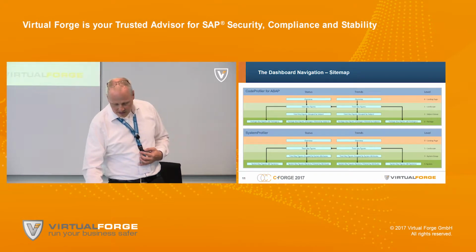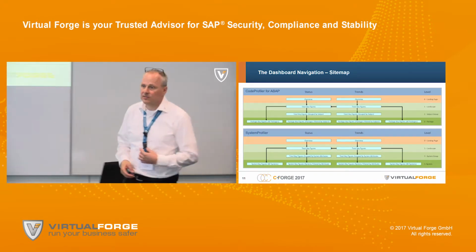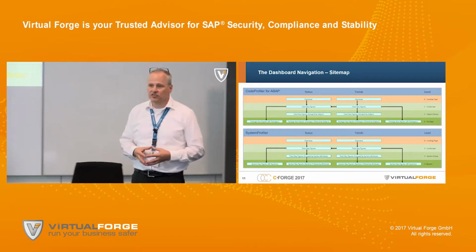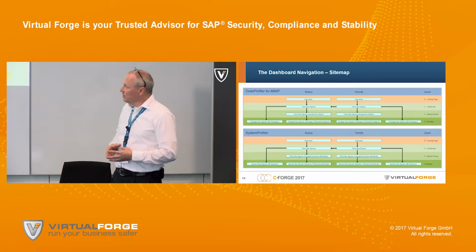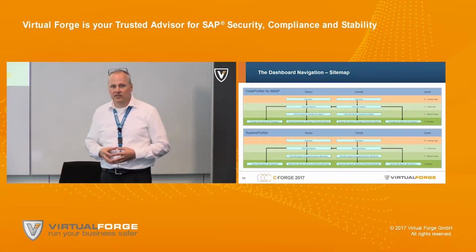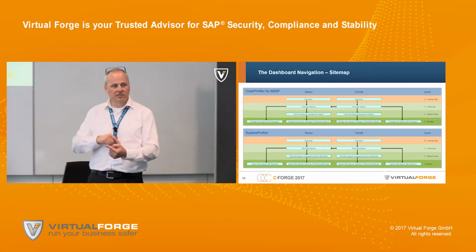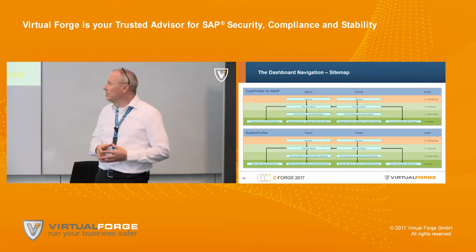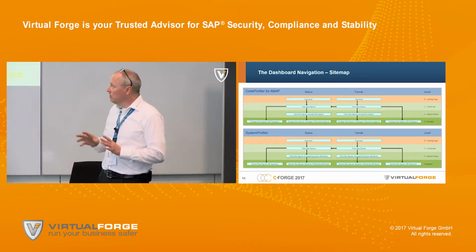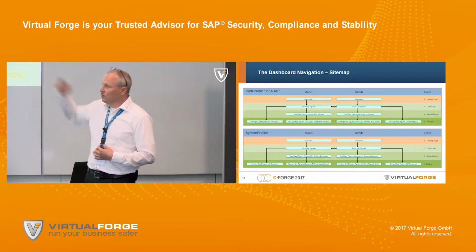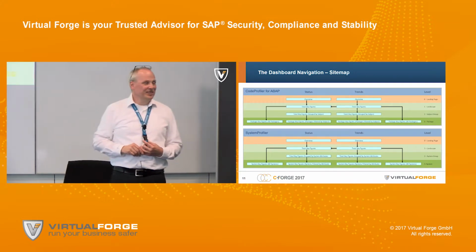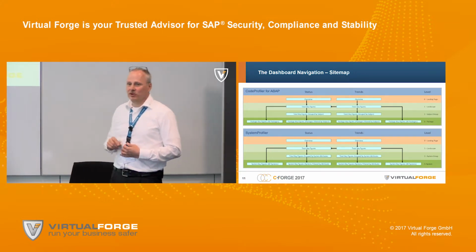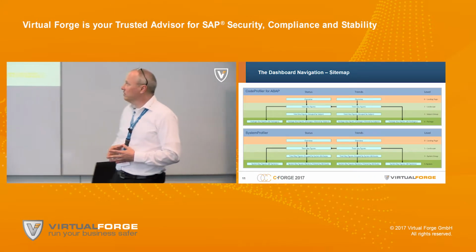So last slide, and then we jump into the system. This explains the navigation pane. The navigation is divided into three parts again. So the yellow part contains the toggle between status and trends. It works similar for CodeProfiler, even if the trend icon is missing for CodeProfiler in this screenshot, but it works for both SystemProfiler and CodeProfiler.